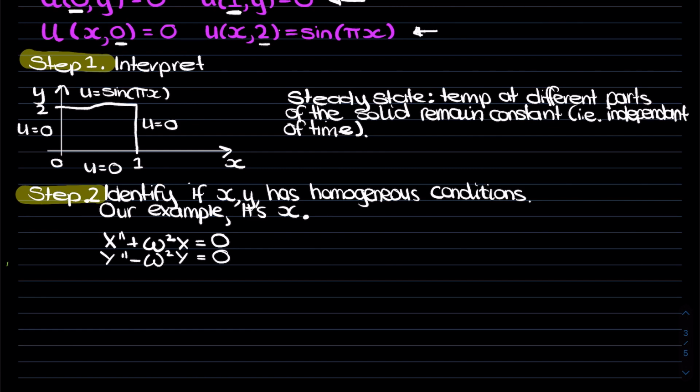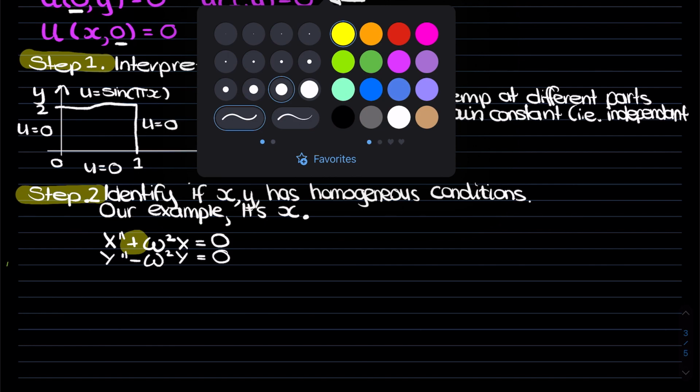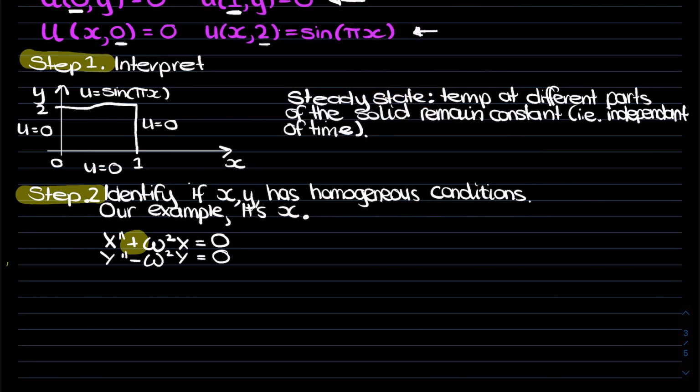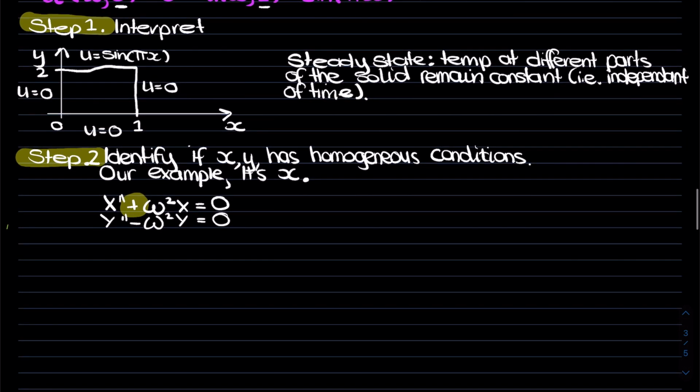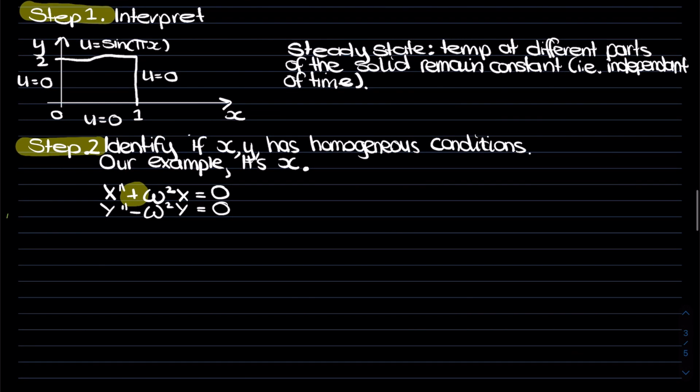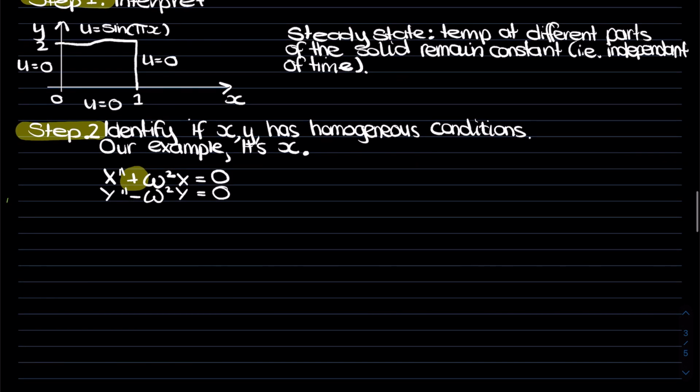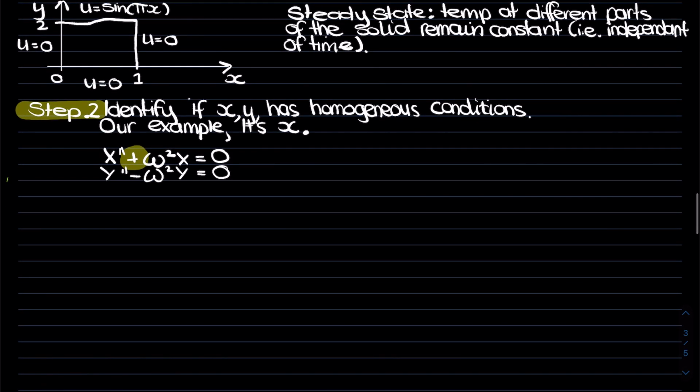I'm always going to write the one with the 2 homogeneous conditions with a plus. So if it was y, I would put the plus in with the y, and I'd put the minus in with the x. This is really just so we're always doing the same sort of boundary conditions and the same equations for at least half of our workings out, which decreases our chances of getting things wrong.